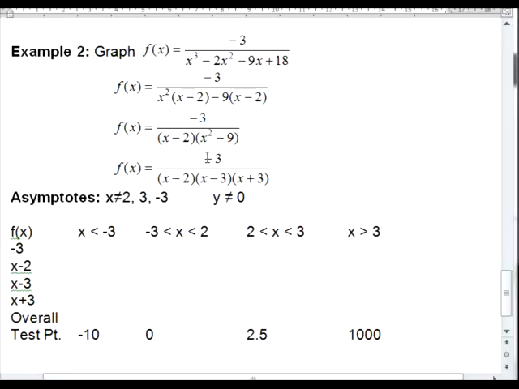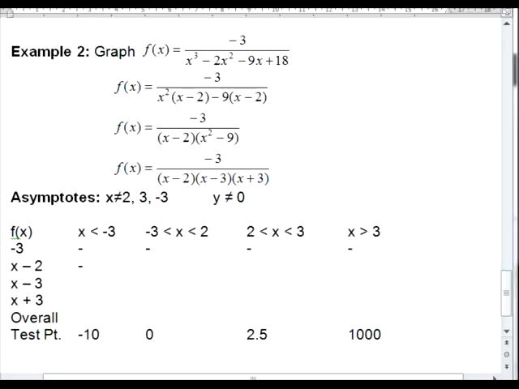When I sub negative 10 into the numerator, I'm always going to answer with negative 3, so that's going to be negative all the way across. When I sub negative 10 into this one, negative 10 minus 2 is going to be negative 12, which is a minus.